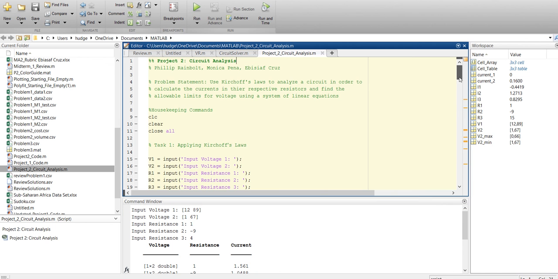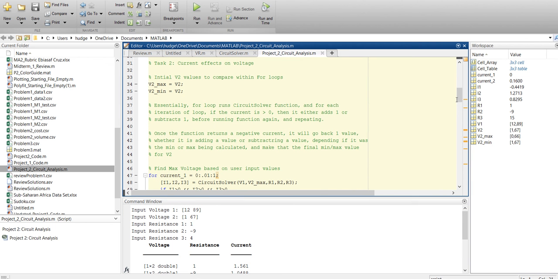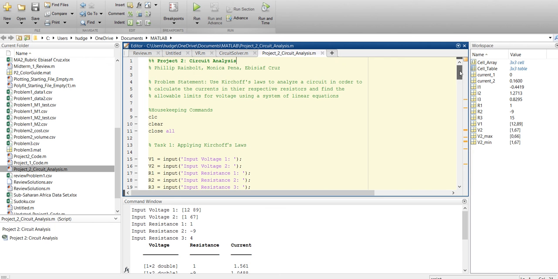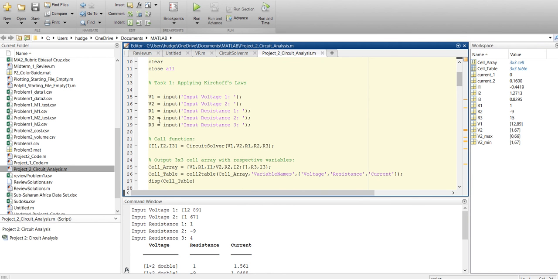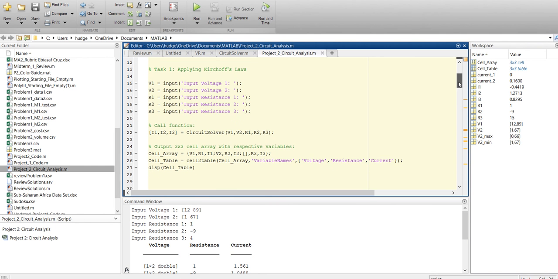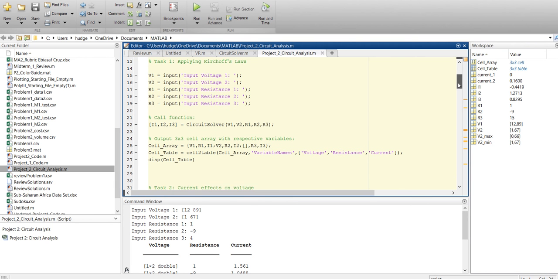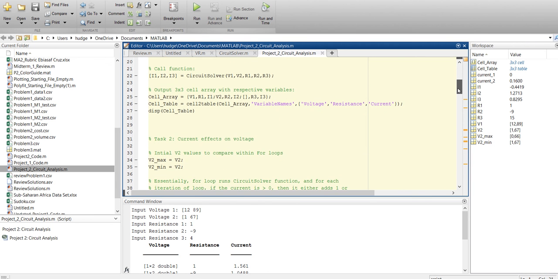And so we know that this code is able to help engineers when they have the specific values. They have some voltage values, and they have the resistance values, and they need to find the currents. They could run this code to find the current values instantly. The problem is that it's only specific to one circuit layout. It's not flexible to other circuit layouts.